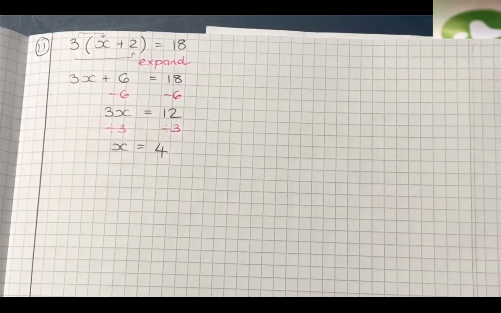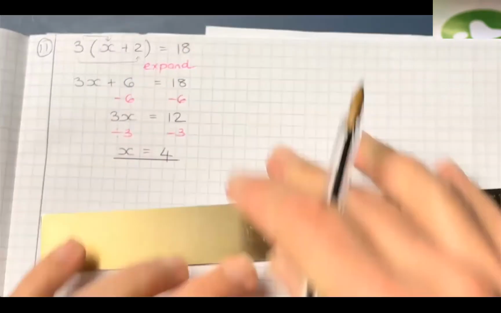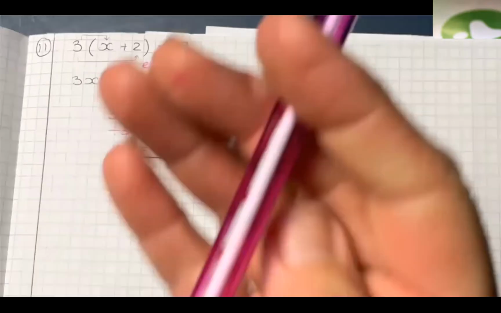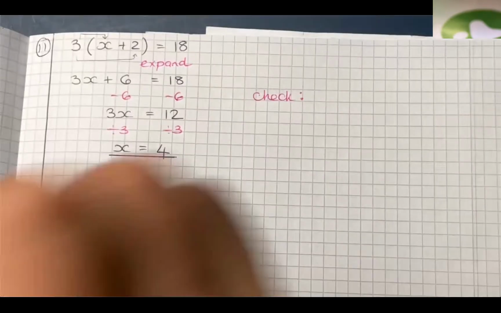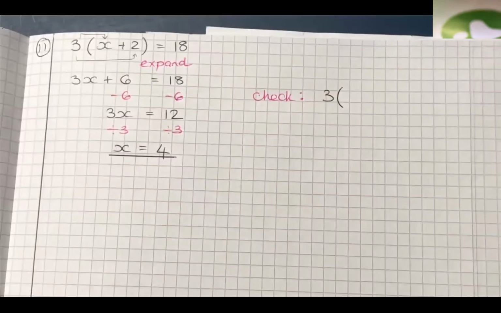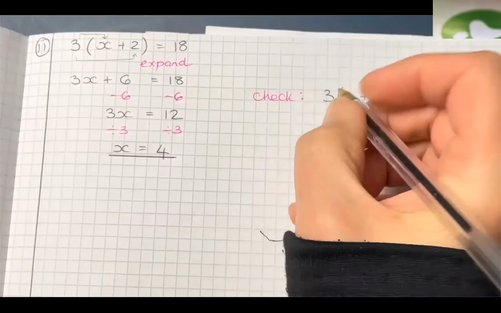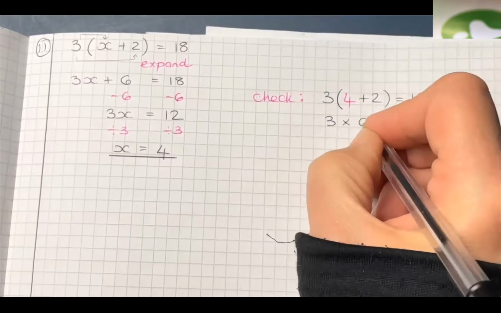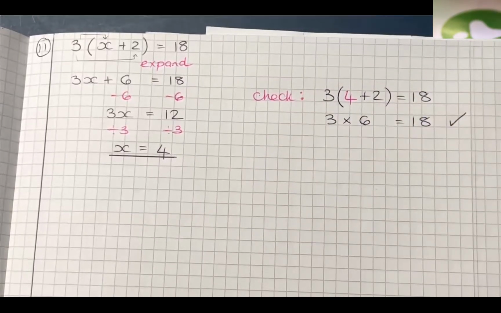Got my answer, but I still want to check it using substitution. So I've got 3 lots of x, which is 4, plus 2 equals 18. So 3 lots of 6 does indeed equal 18. I know I've got the right answer.